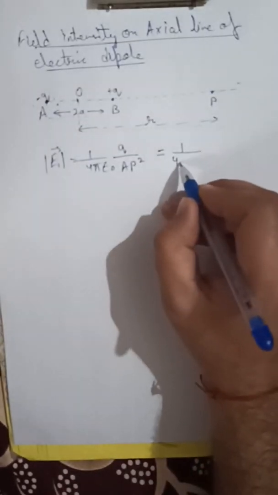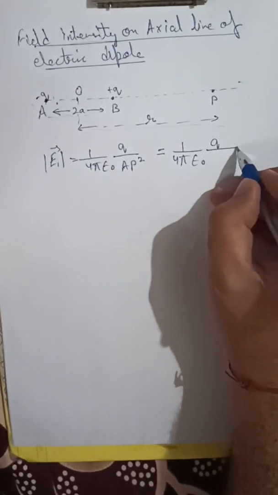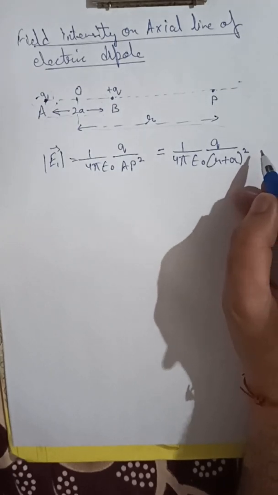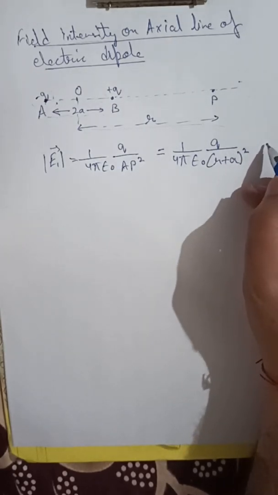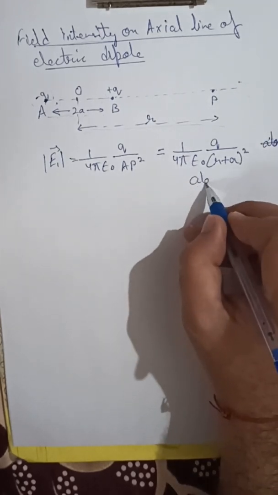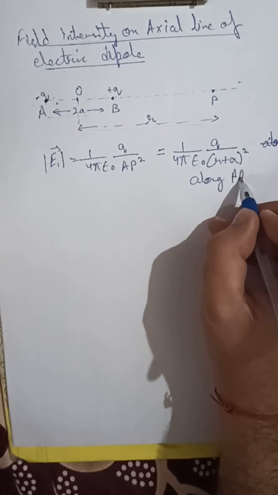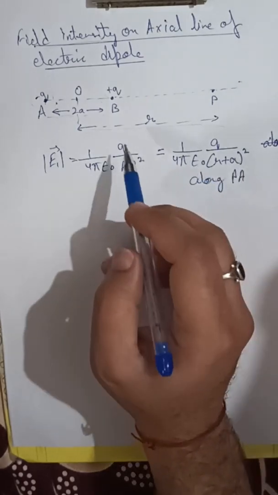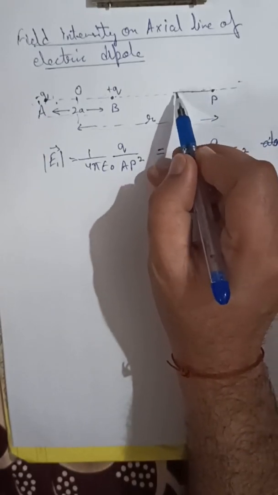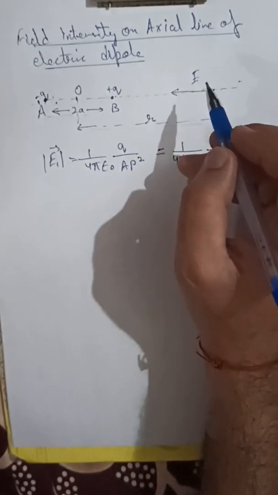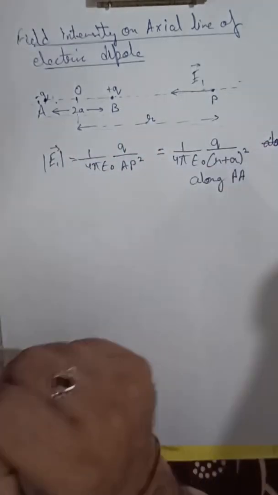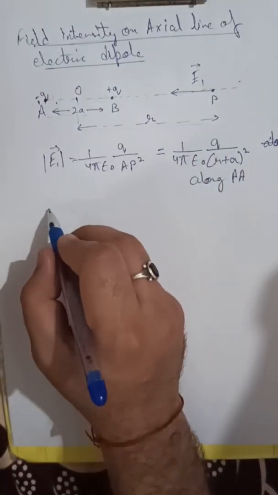So 1 upon 4 pi epsilon naught q upon R plus A whole square, and it is along PA. Why so? Because it is a negative charge. That's why the electric field will be here. Electric lines of force are inward toward the negative. So E1 will be along PA.